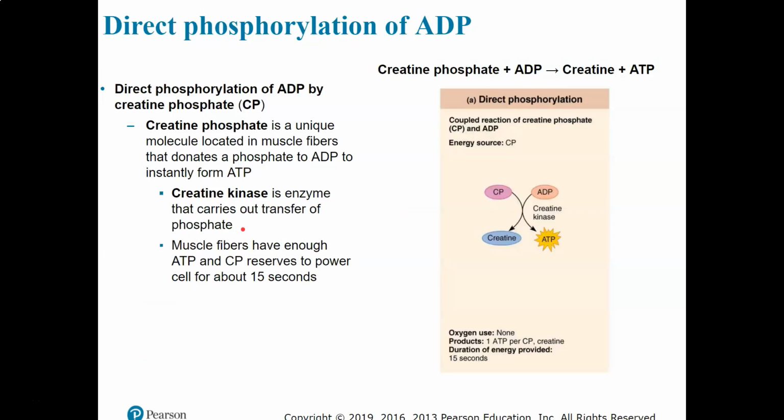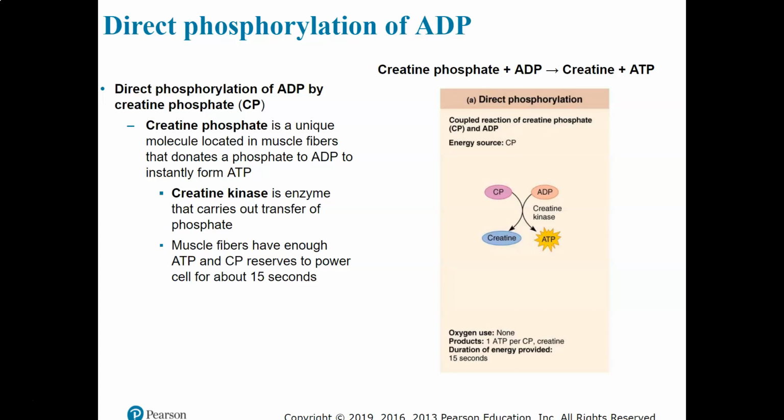So direct phosphorylation of ADP by creatine phosphate. Creatine phosphate is a molecule that our muscles carry a store of, and it has a spare phosphate that is high enough energy to be directly moved onto ADP. Remember, ADP is adenosine diphosphate. It has 2 phosphates.